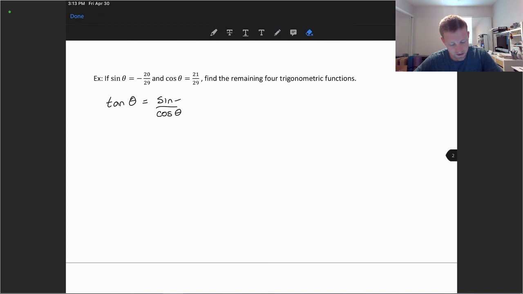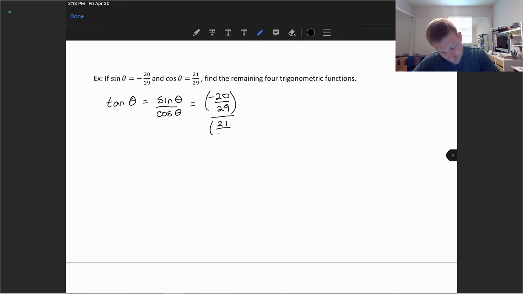So I could just take the ratio of these 2 trig functions to find this tangent. So we would have negative 20 over 29 divided by 21 over 29. We can flip and multiply to get a product. And our tangent function will be negative 20 over 21.